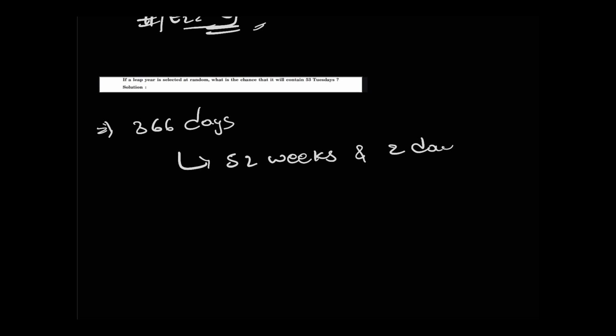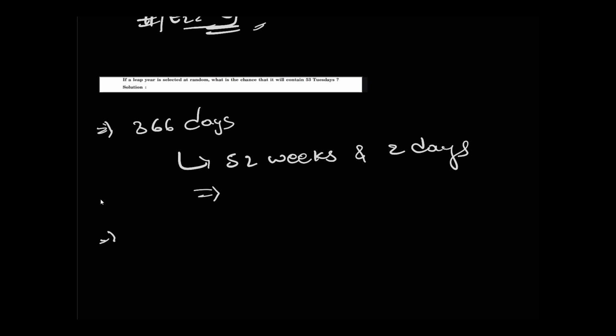Let us go into the next problem. If a leap year is selected at random, what is the chance that it will contain 53 Tuesdays? Now, a leap year contains 366 days. That is 52 weeks and 2 days.